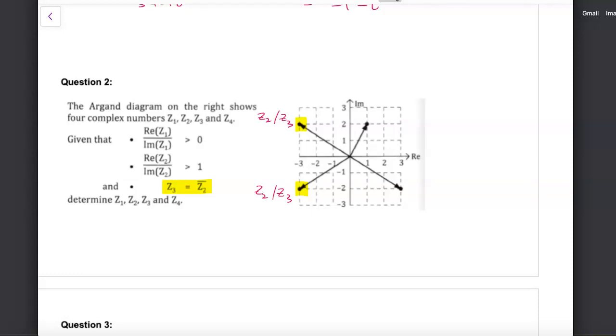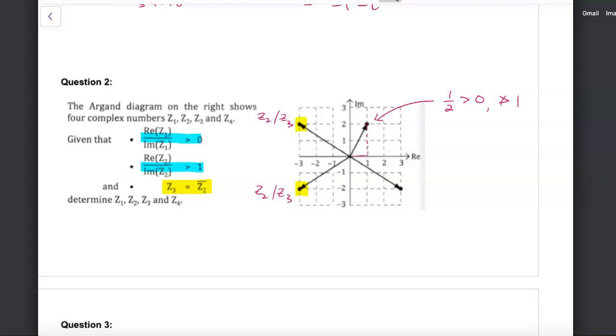So in terms of using our first dot point compared to our second dot point, if I'm looking at the A values here, I've got an A value of 1 and a B value of 2. So this tells me 1 over 2. That's greater than 0, but it is not greater than 1.